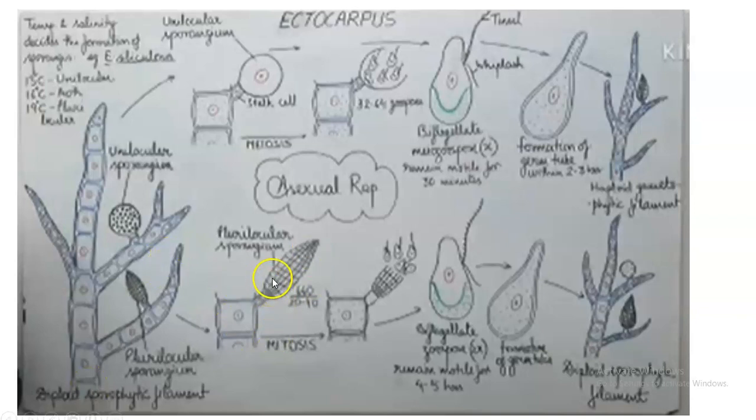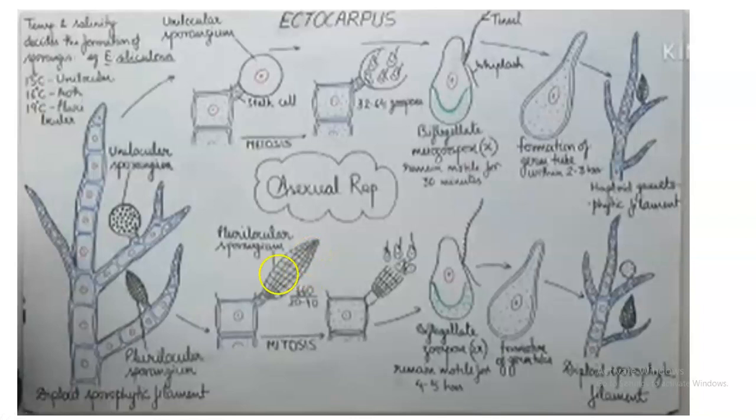This is one cell, this is two cells, this is three cells, like that. Each cell may be called a chamber, because in each cell there will be development of a zoospore. So 660 chambers are formed, arranged in around 20 to 40 rows.